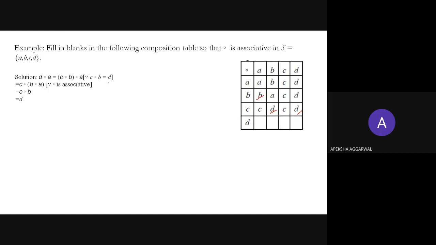In DOB, can you replace B with AOB, DO(AOB)? Can you do that? What is the final answer?